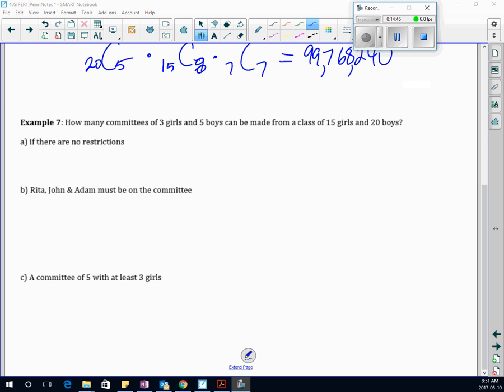How many committees of 3 girls and 5 boys can be made of a class of 15 girls, 20 boys if there's no restrictions? So, how do I choose the girls? 15 choose 3. And then how do I choose the boys? 20 choose 5. So for every girl group, I have a multiply effect for the boys.